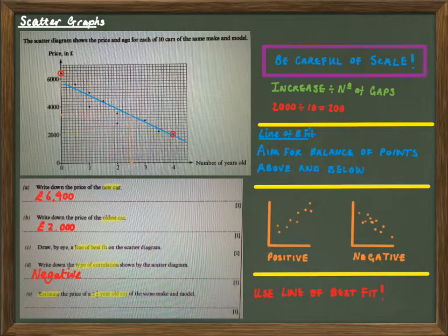Remember, back at your scale, 200 for each square. So if I count down from 4,000, 3,800 is 1, 3,600 is 2, 3,400 is the third one, okay? So tend to be pretty straightforward. Just be careful of the scales and the correlation. Positive goes up from left to right, negative comes down from left to right.